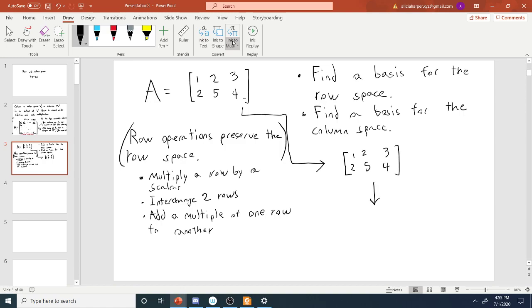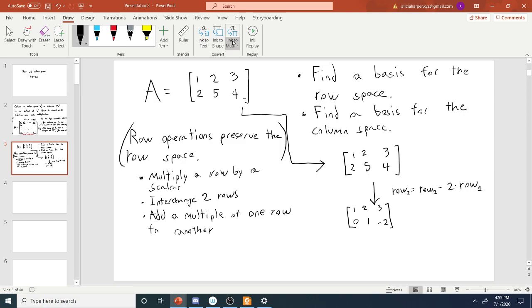First thing I'll do is I will set row 2 equal to row 2 minus 2 times row 1. If I do that, I get 1, 2, 3, 0, 1, and negative 2.